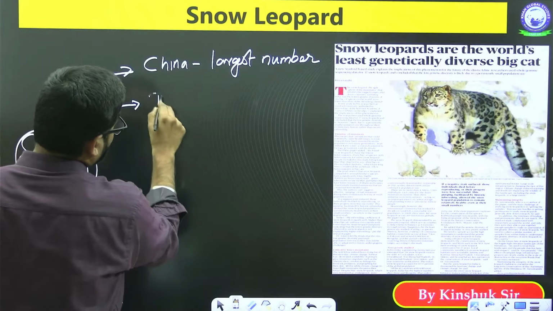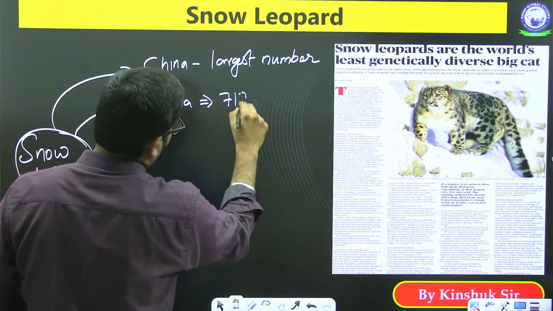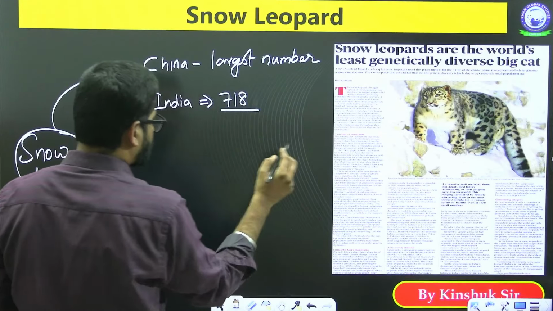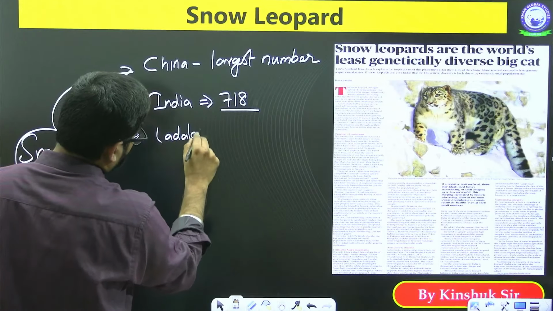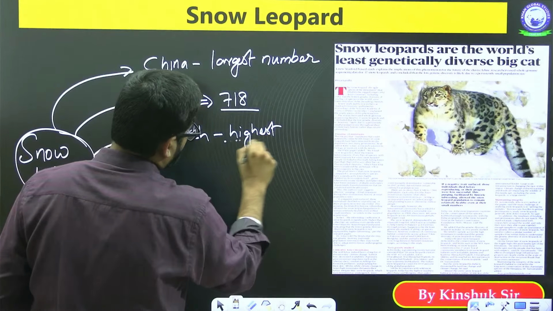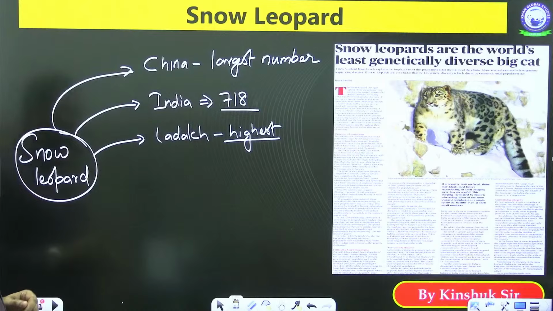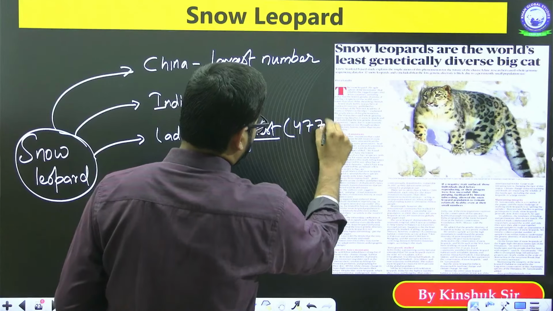If we talk about India, there are around 718 snow leopards. Ladakh has got the highest population of this snow leopard, around 477 out of 718.